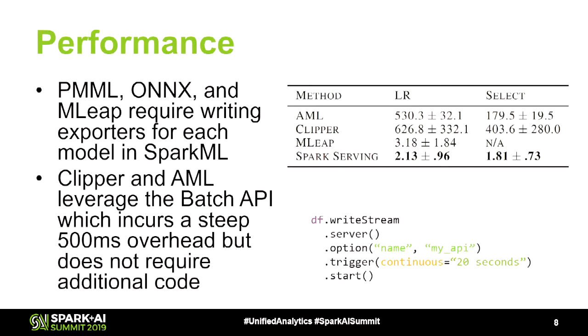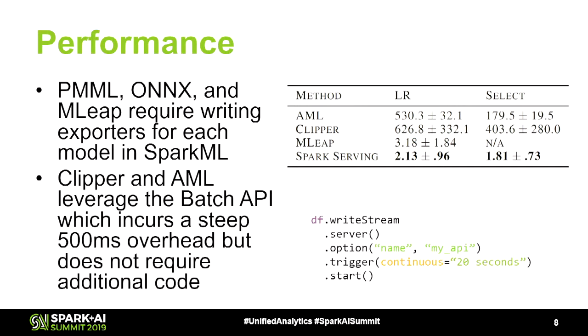And so when we actually look at the performance, we find that we get the best of both worlds. We get the sub-millisecond latency response time of these frameworks that require exporting to a single-threaded thing like MLeap, but we also get the breadth of models: no longer do you need to rewrite all of your Spark code in order to get it into a low latency response. You can just use what you have already.